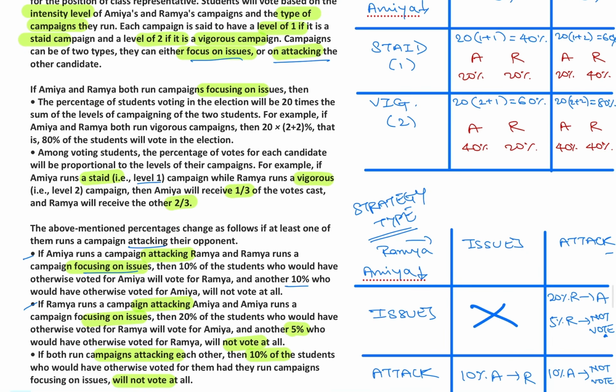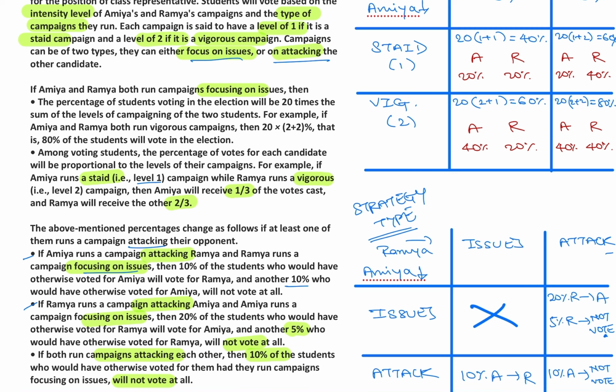So if I have to find such a case, my attention directly goes to this case where Amya is 40% and Ramya is 40%. Amya is already at the highest point. Okay, there's no condition in which Amya gets more than 40% of the vote.